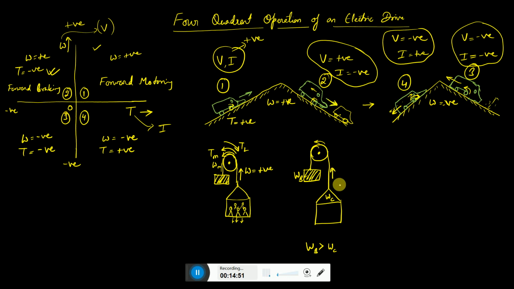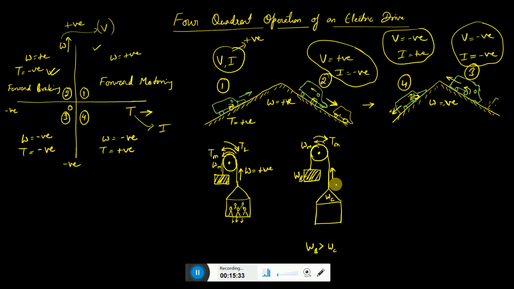So since you have to move it slowly upward, you have to give a torque in the reverse direction. Got it? So the motion is in the anti-clockwise direction. So omega m is anti-clockwise, but you are giving an electromagnetic torque in the clockwise direction, and that's why your electromagnetic torque here in the second quadrant is negative, and your motion is in the anti-clockwise direction.